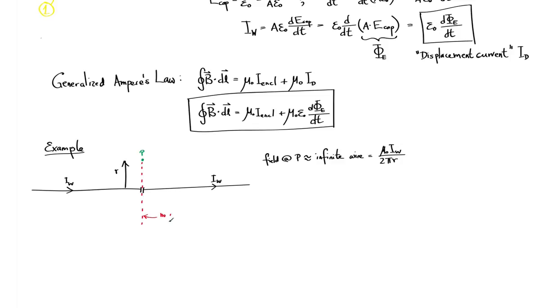Okay, so again, for this circle, no physical current is passing through that loop, right? There is a loop there. I mean, I've drawn it side on, but just trust me.